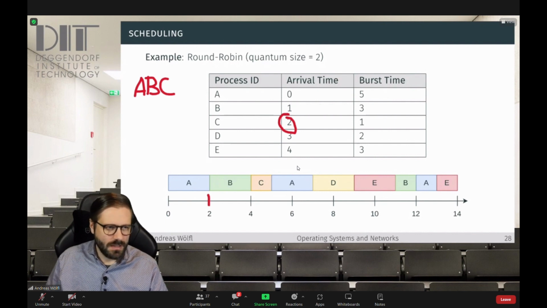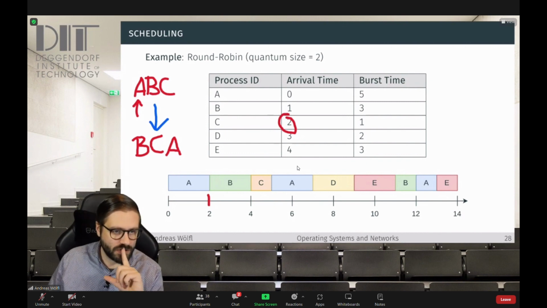Time 2, right? And the current process that's running is A. But at time 2, 2 things are happening. Process C arrives and process A reaches its time quantum because quantum size is 2. Meaning that at time 2, A finishes the time quantum and goes to the back of the list. So from A, B, then C arrives, we move to B, C, A.